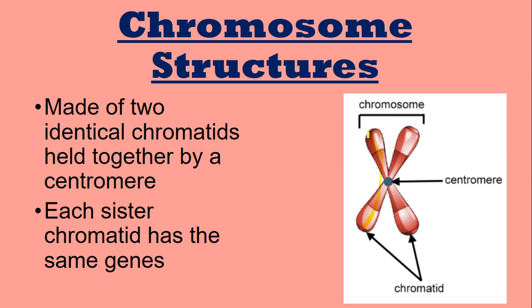That's one, and that's one. They're sister chromatids because they have the same genes. They're held together in the middle with something called a centromere. And the whole structure is called the chromosome. This is what it's going to look like when the cell is dividing.